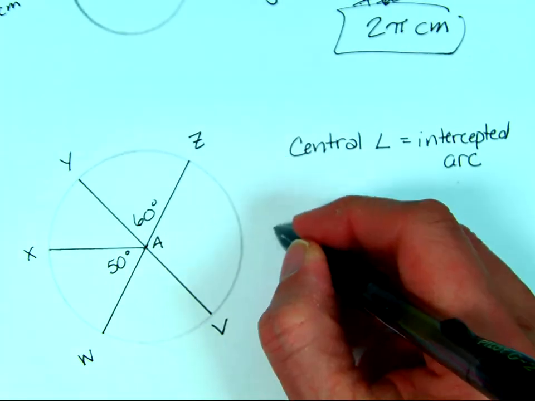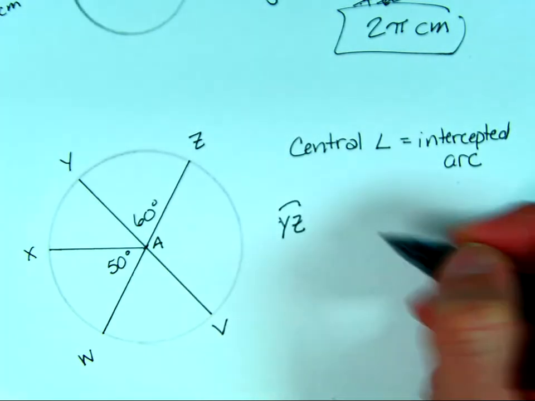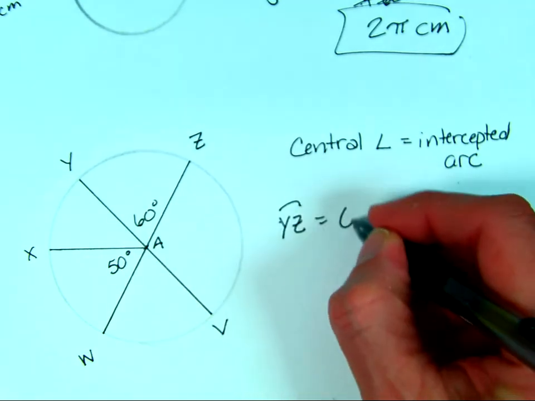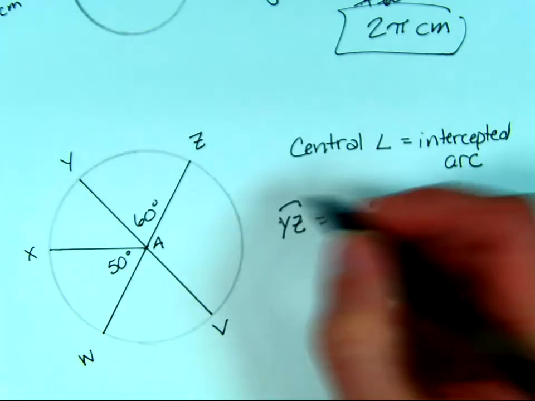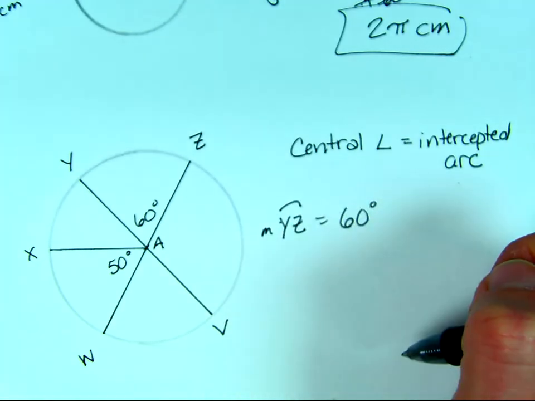So if I'm trying to find arc YZ, then I look at this central angle that's intercepted, and I know that it's the same. So I know that the measure of arc YZ is 60 degrees.